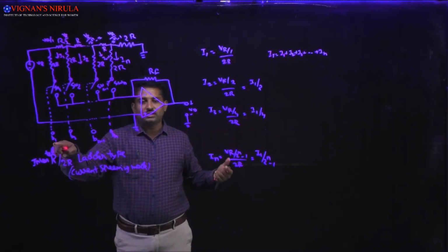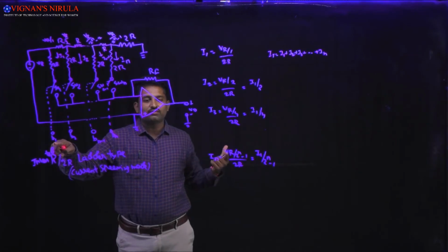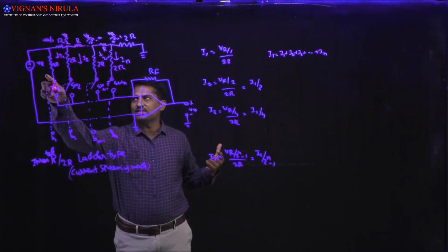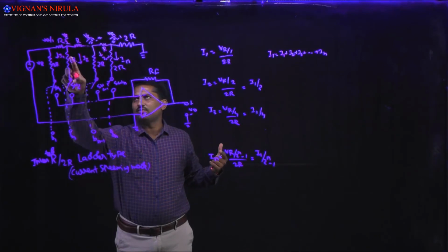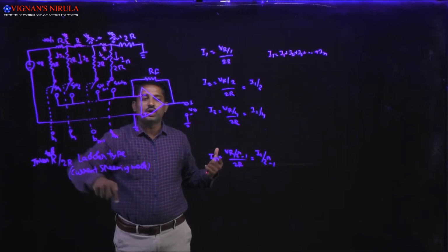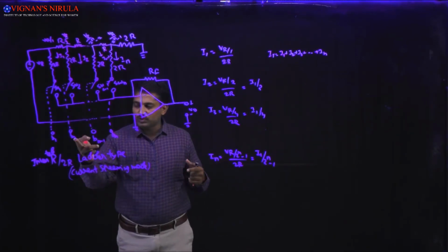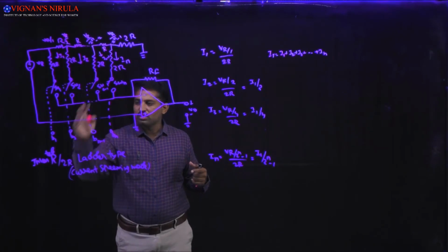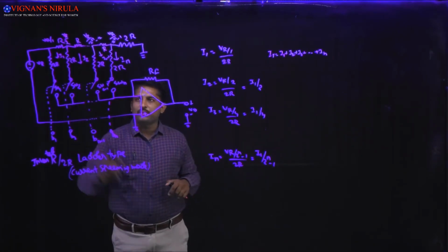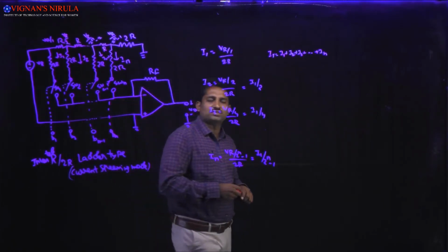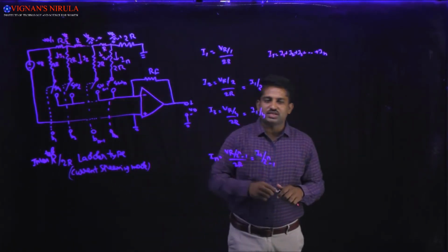If the binary input B1 is equal to 1, then we are getting the current I1 equal to VR by 1 divided by 2R, and if the binary input B2 is equal to 1, then we are going to get VR by 2 divided by 2R. Like that, the switch positions close whenever the binary input is 1, and only then will the appropriate current flow across the resistance RF.